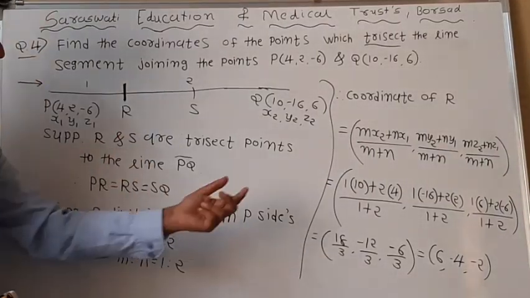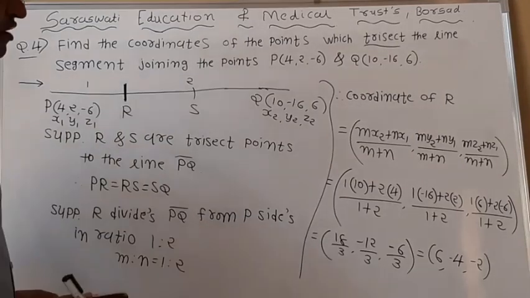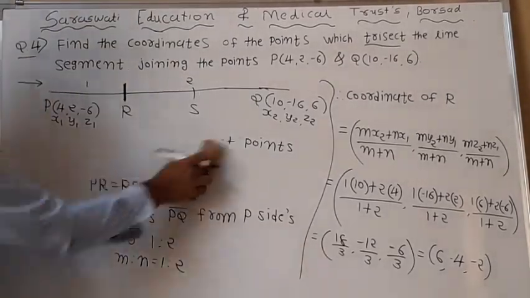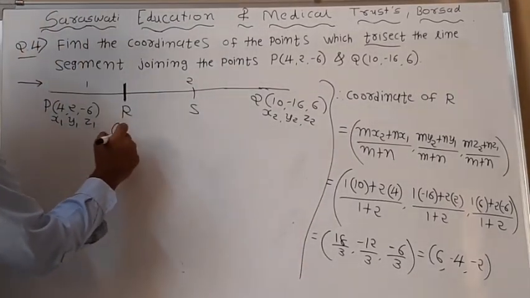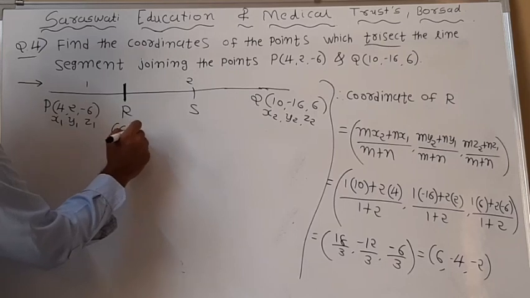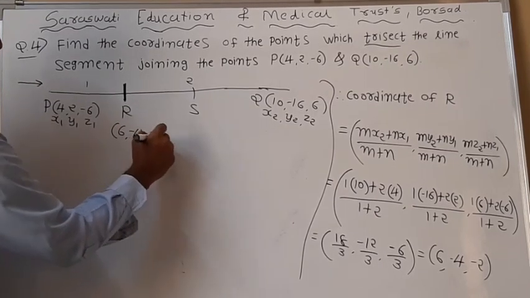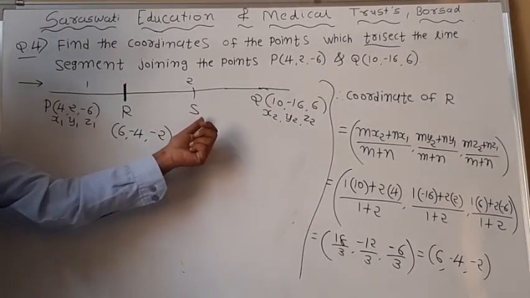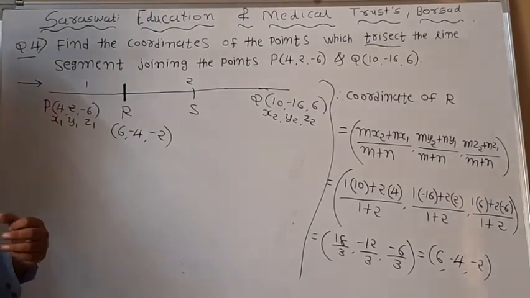So now we get the coordinate of R as (6, minus 4, minus 2). Now, after finding the coordinate of R, we find the coordinate of S. The coordinate of S can be found in two ways.